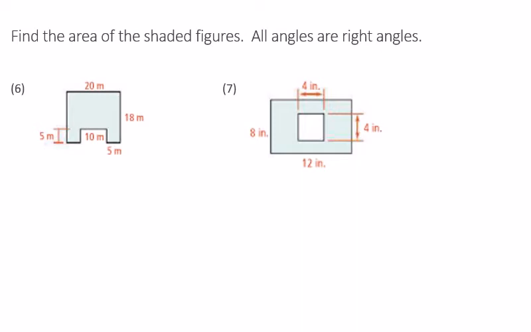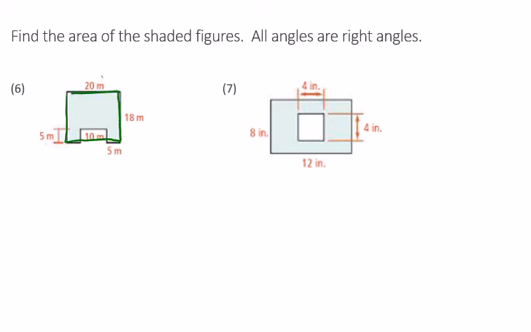Obviously, if you looked at what I just drew, if we did it by addition, we'd have to find 1, 2, 3 pieces. Whereas if we did it by subtraction, we only have to find 1, 2 pieces, right? So as long as you have enough information for that, I would probably go with that method. So first I'm going to find the area of the entire rectangle here.